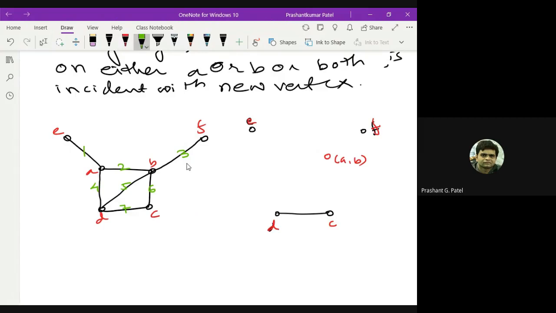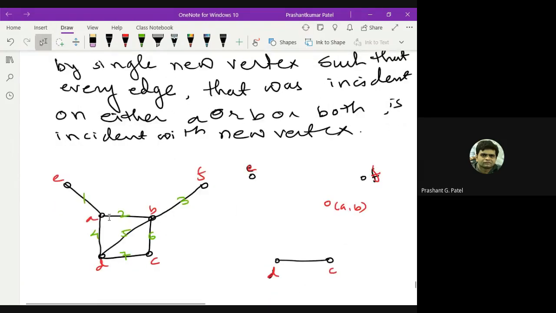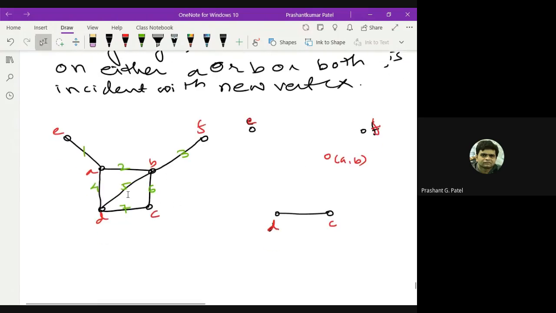See this, what you have to do for the edges. So every edge that was incident on either A or B or both is incident with the new vertex. See, first of all, 2, 1, 3, 5, 6 are incident with either A or B. All these edges have to be incident with this new vertex.